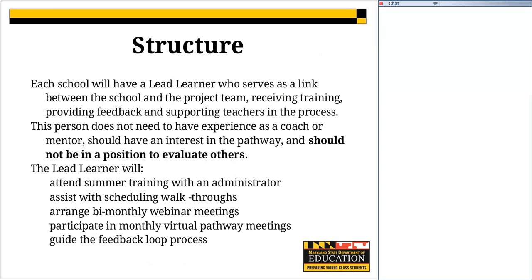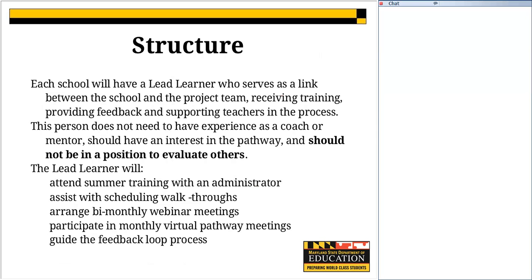So to give you an idea of the structure, each school will have a lead learner. That lead learner will serve as the link between the school and the project team here at MSDE. They'll receive training, they'll provide feedback, they'll support teachers, they'll let us know what they need, and they'll be that contact.